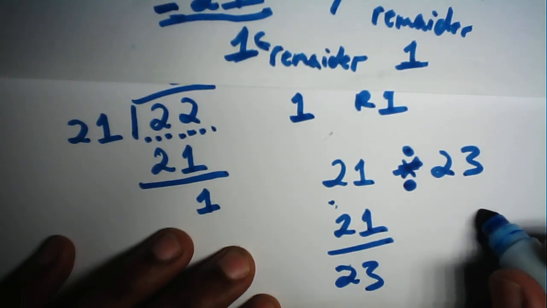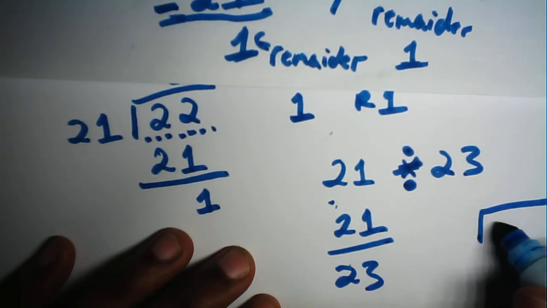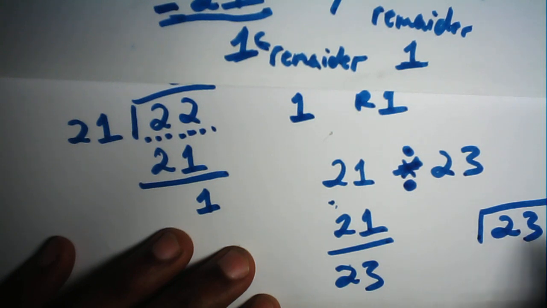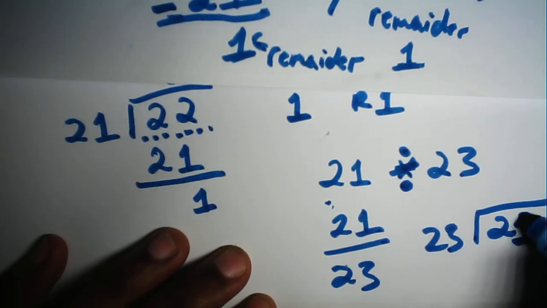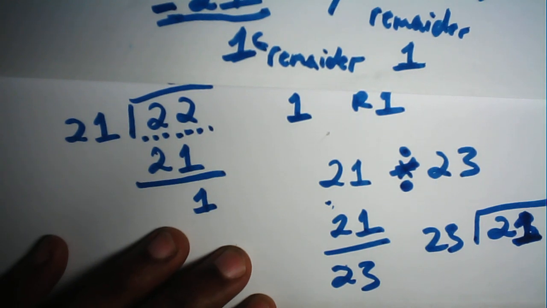I'll do that in the next video I make. So it will be 21 divided by 23 instead, the smaller number being divided by the bigger number. That's doable as well. We just need to know exactly the process of doing it.